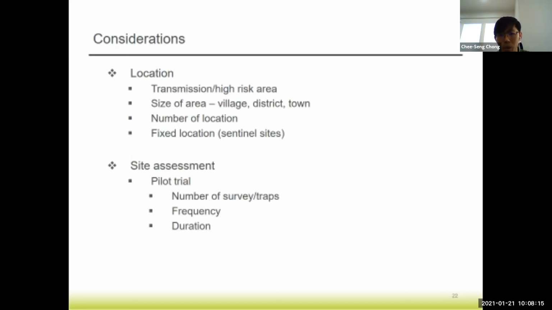I mean, a smaller scale monitoring to really understand the situation in the country. So to consider as well. And we briefly spoke about the pilot assessment, the pilot trial, number of traps, frequency and duration. And using the trap density concept will allow you to then expand it into a larger program.